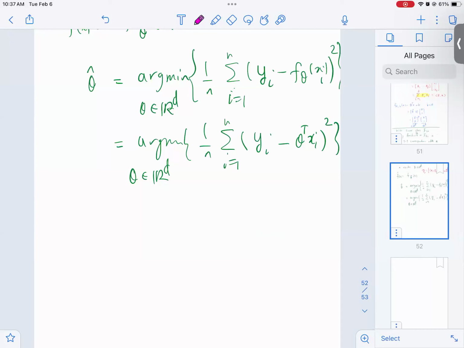Going back to this, how do we solve this? Have you seen the solution? Sorry? First order condition. The first order condition is just to take the derivatives, set them equal to 0, and solve.